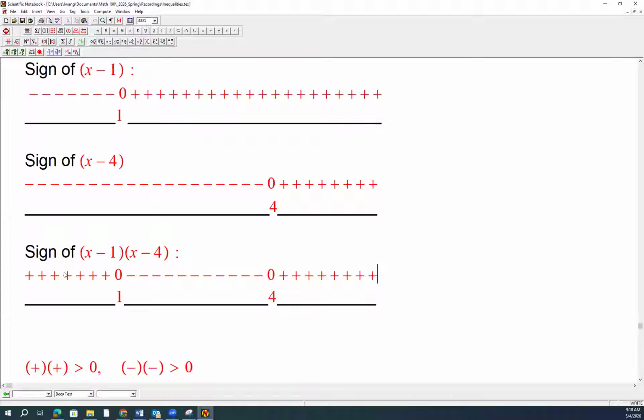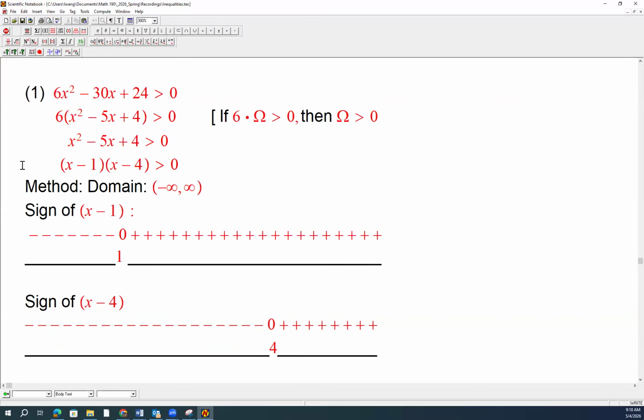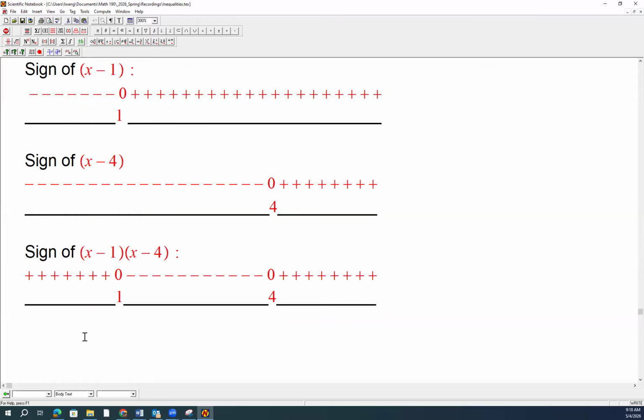In the future, if I make such a table, those will be the interpretation. Of course, I will repeat this over and over. So now let's go back to see the inequality. The solution to this inequality would be, because we want the product to be positive, where do we find the input?